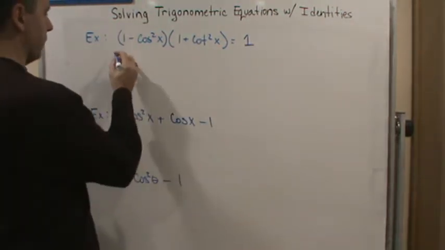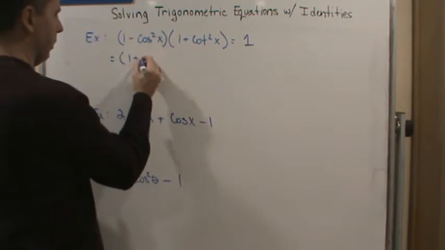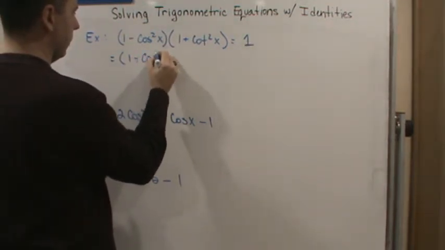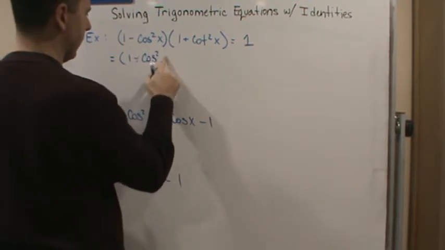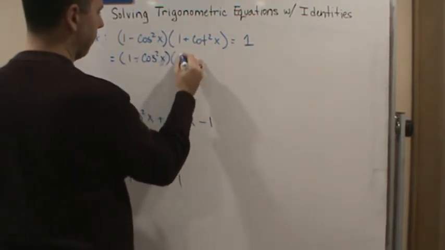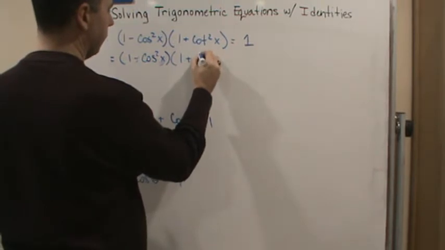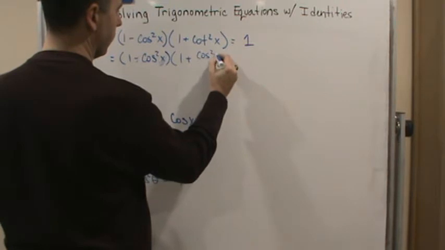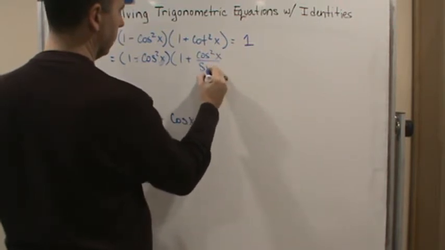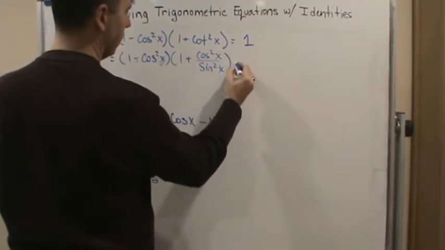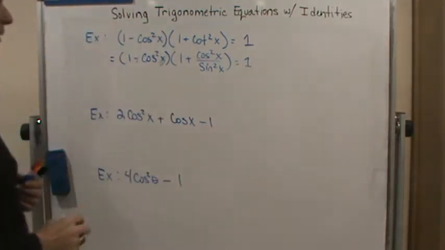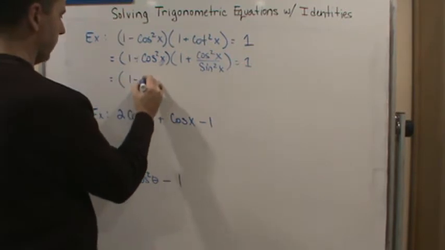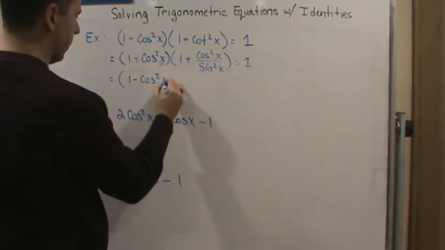And so what we're going to get is 1 minus cosine squared x, not theta, 1 plus cosine squared x over sine squared x equal to 1. And then we get 1 minus cosine squared x.